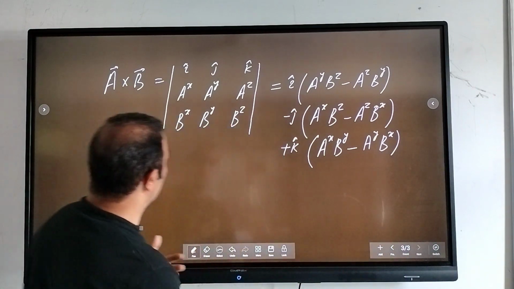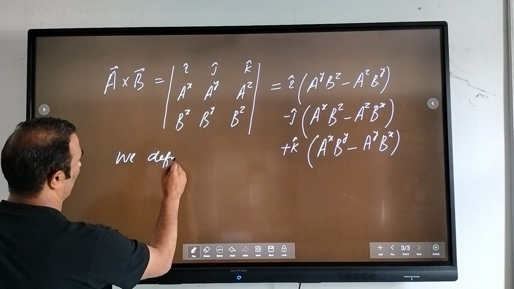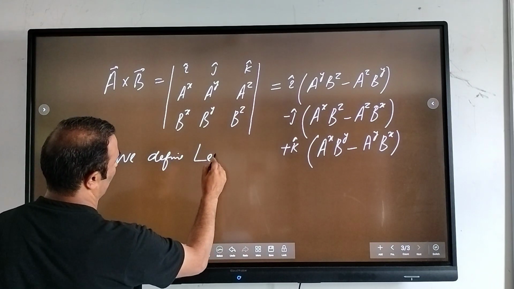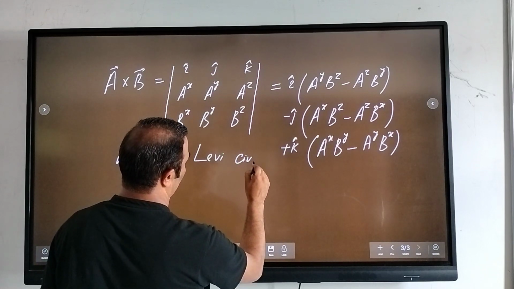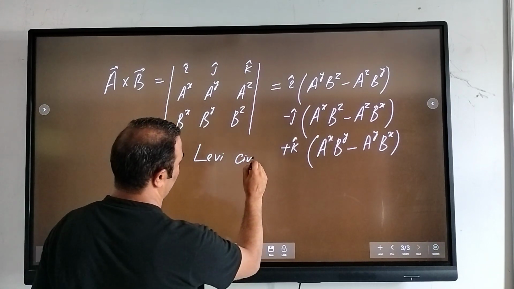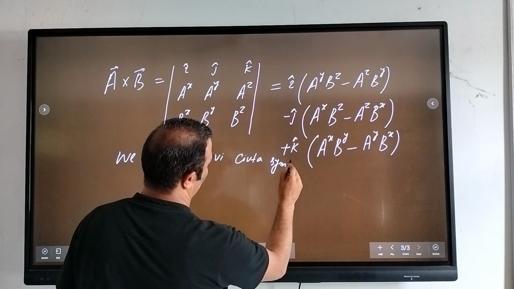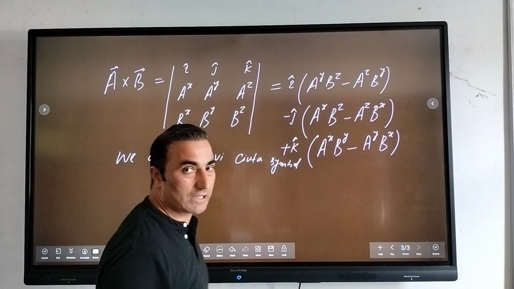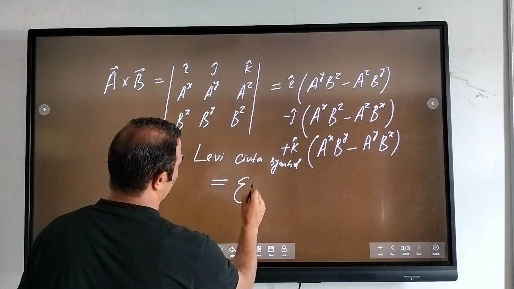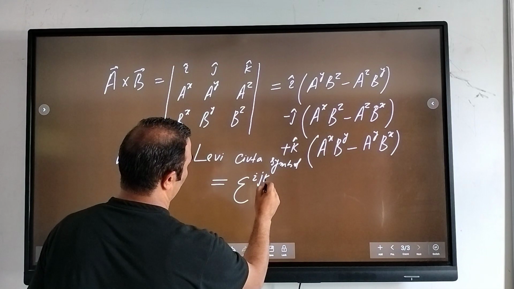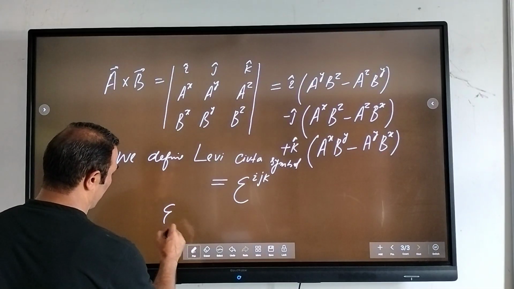So we'll define here what is called the Levi-Civita symbol, right? This is denoted by epsilon ijk.